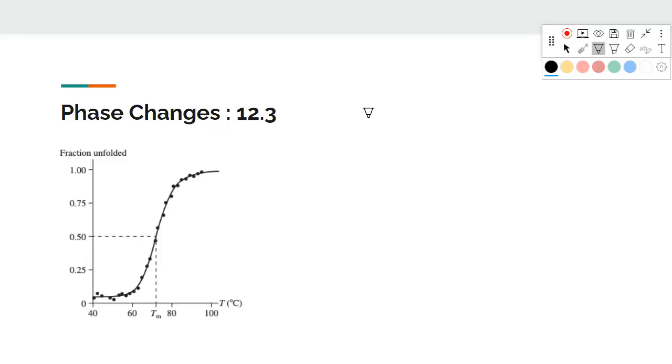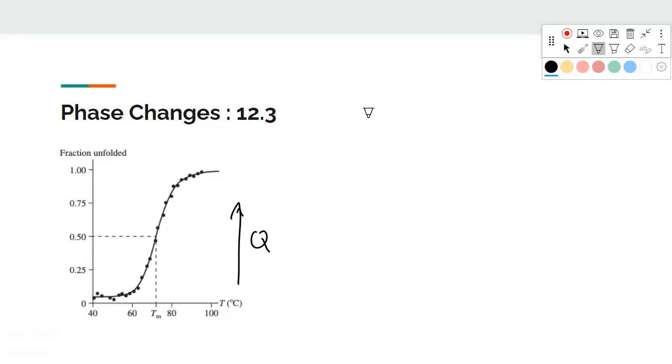What you see is that this y-axis is a fraction folded, but you could also say that this is some energy Q. As we add energy to the system, our temperature changes at first, but then at a certain point, it doesn't change very much. That's our transition from a folded up protein to an unfolded protein, so increasing the disorder of the system.